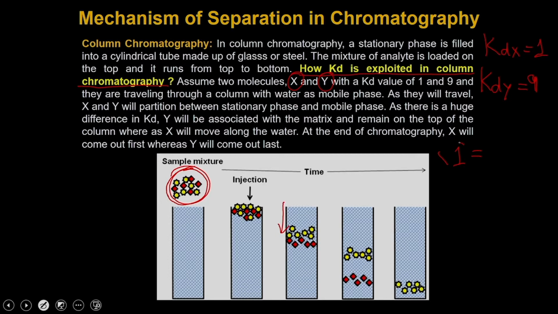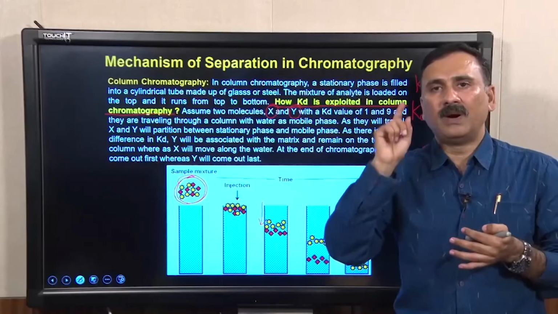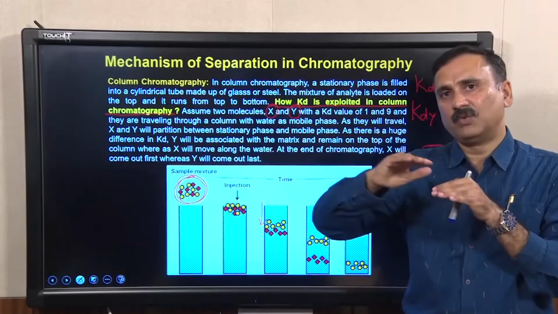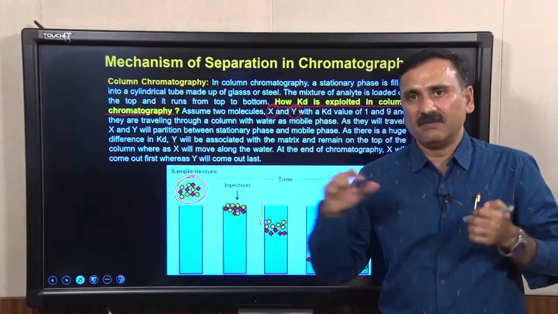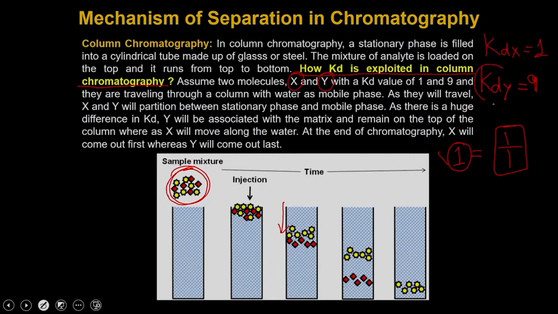Because X has a Kd value of 1, it always distributes 1:1, which means if I pass 1 ml of the buffer, X is going to distribute 50-50 between the matrix and the mobile phase, whereas Y is going to be distributed 1:9, which means Y is going to remain with the stationary phase, whereas X is going to remain with the mobile phase.